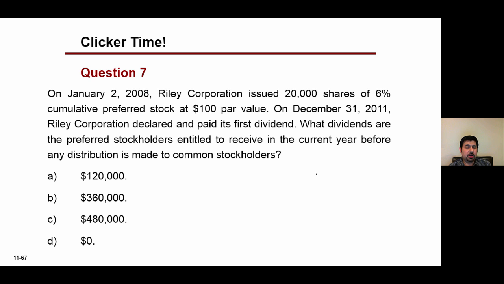We need to look at the dividends in arrears. So here in 2008, preferred stockholders had the right to 6% multiplied by $100 par value multiplied by 20,000 shares.